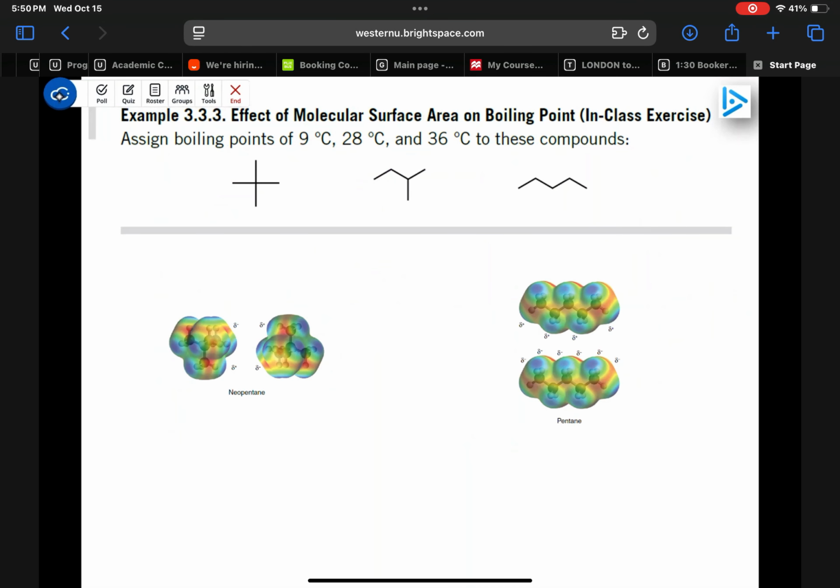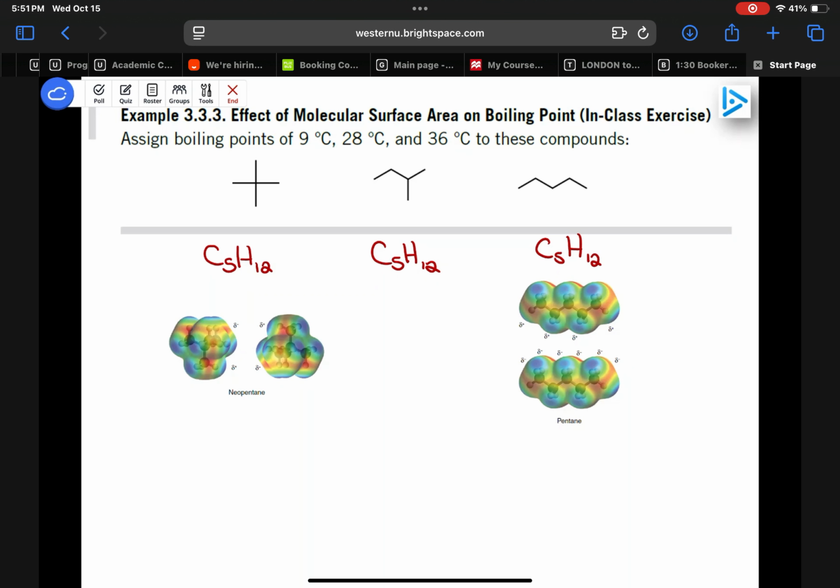So now we need to assign boiling points, and we're given 3 values to these compounds here. Now, all of these compounds have the same molecular formula, C5H12, C5H12, and C5H12. They're all hydrocarbons.